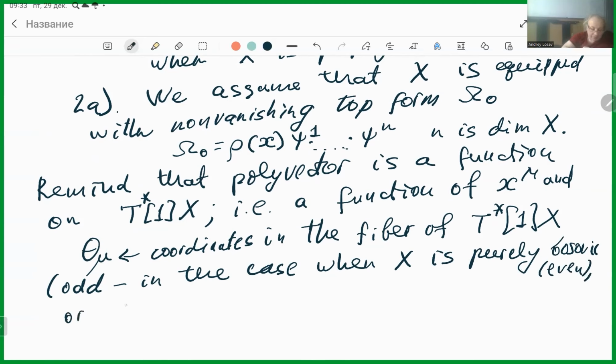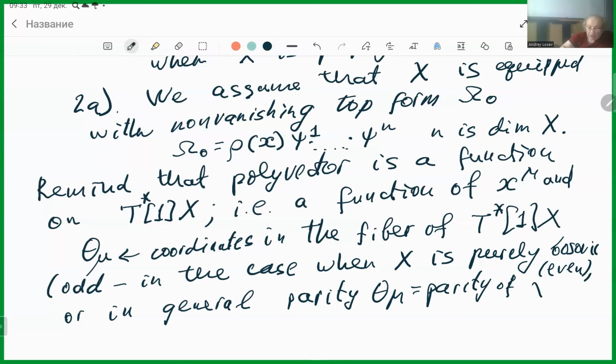Or, in general, the parity of theta mu equals the parity of x mu plus 1.